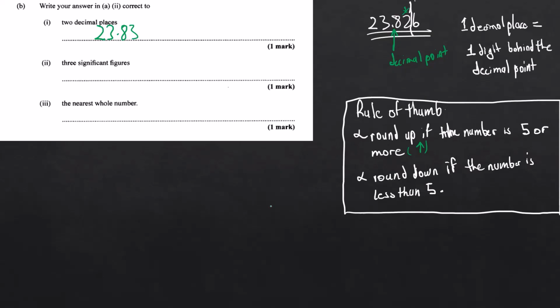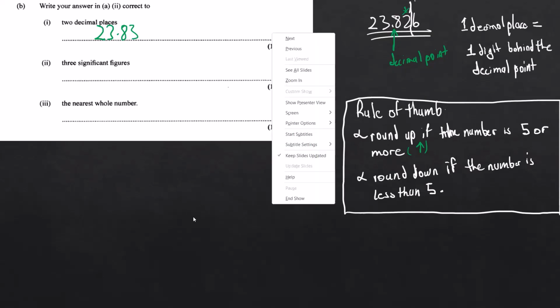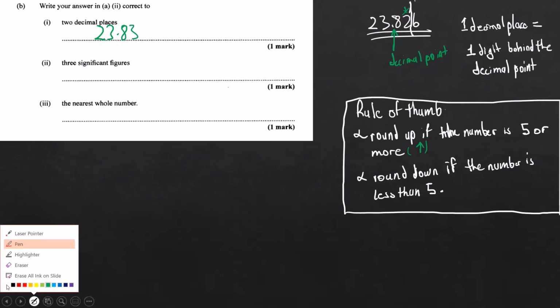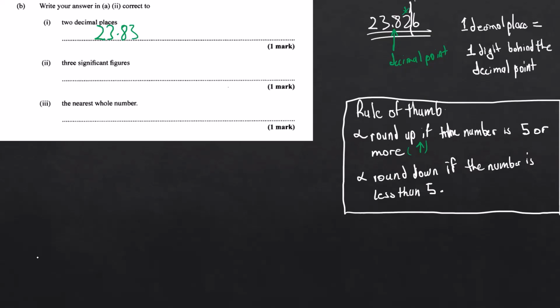Now, I'll have to take another session and actually go through the rules of significant figures because it seems like some of us forgot. The rules for significant figures: every non-zero number is significant. I'm not going to write it. It is in your notes already.